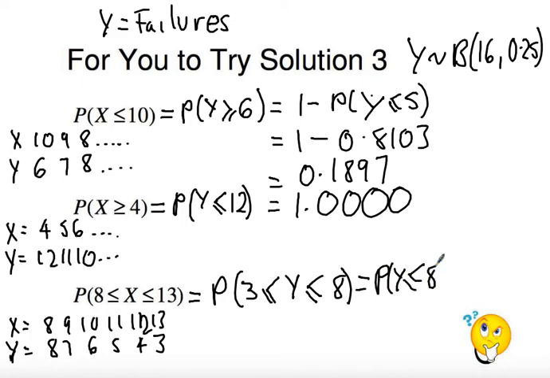So I'm going to find the probability of all the values up to 8. But I don't want the probabilities less than or equal to 2. So I'm going to take away probability y is less than or equal to 2.